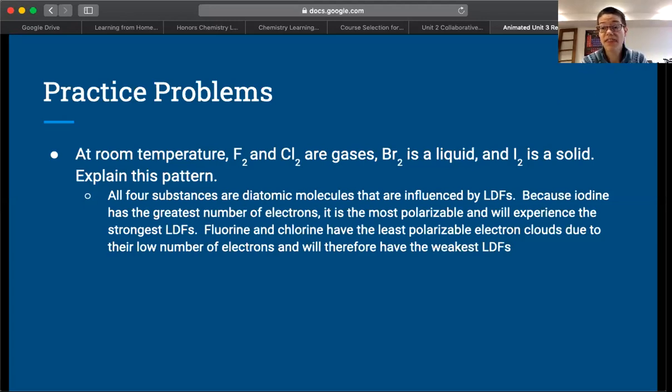So this is a classic explanation for London dispersion forces, for LDFs, like how you would say that iodine has the strongest LDFs. So this kind of language is really good for explaining LDFs.